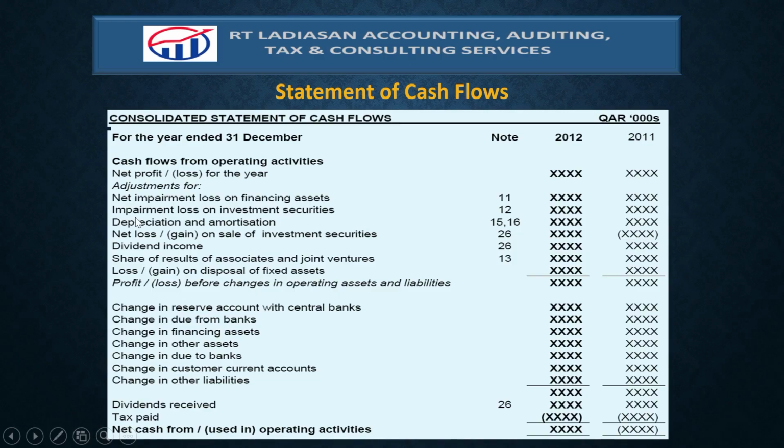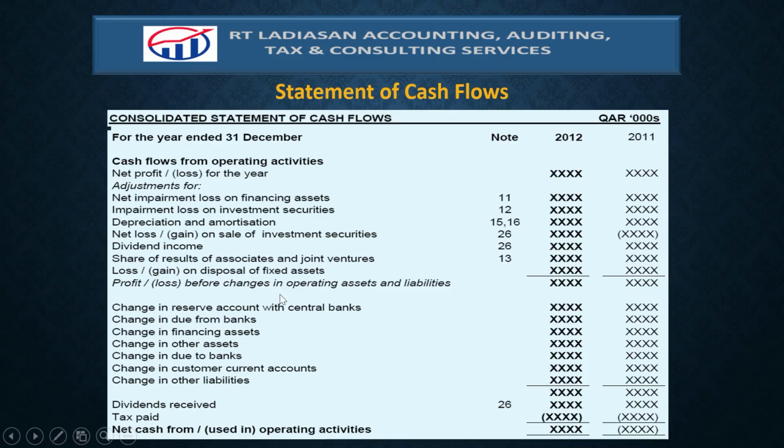For example, the net impairment loss on financing assets, the impairment loss on investment securities, the depreciation and amortization, and other non-cash items.